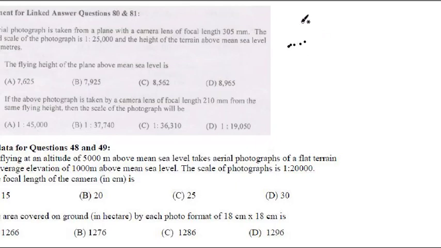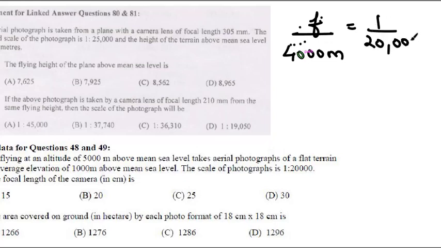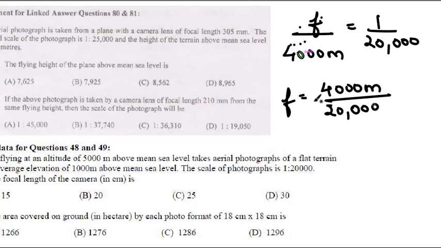Aerial scale is equal to focal length upon altitude. Altitude is 4,000 meter, and the scale of the photograph is 1:20,000. So focal length is equal to 4,000 meter divided by 20,000, but they have asked the focal length value in centimeter.